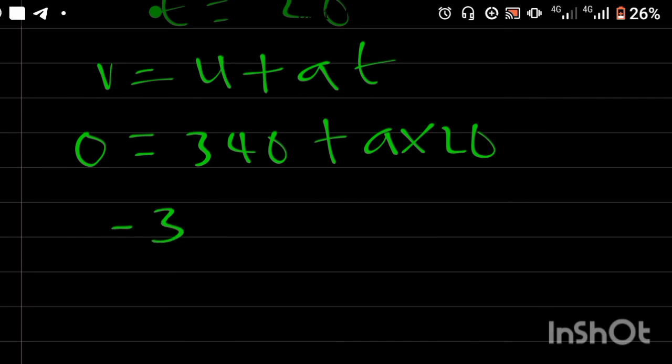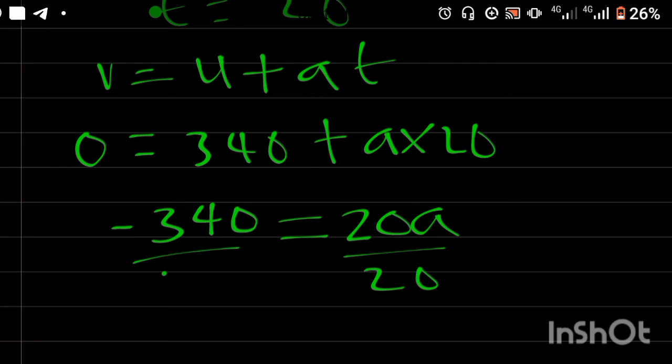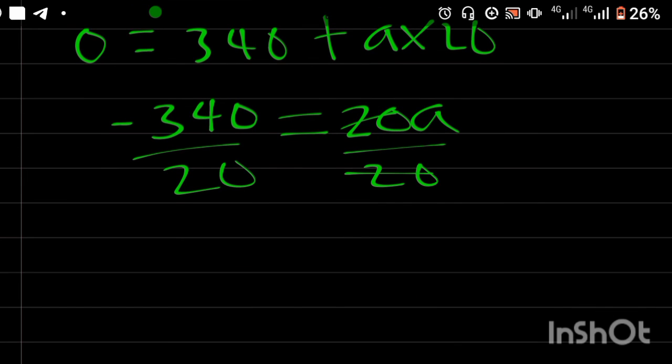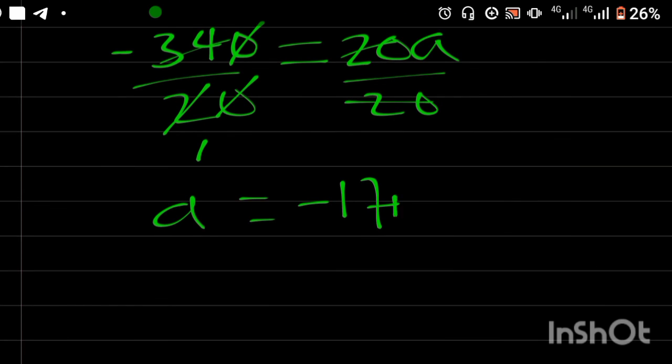Minus 340 is equal to 20A. Divide both sides by 20. A is equal to minus 17. It's a negative acceleration, that is retardation.